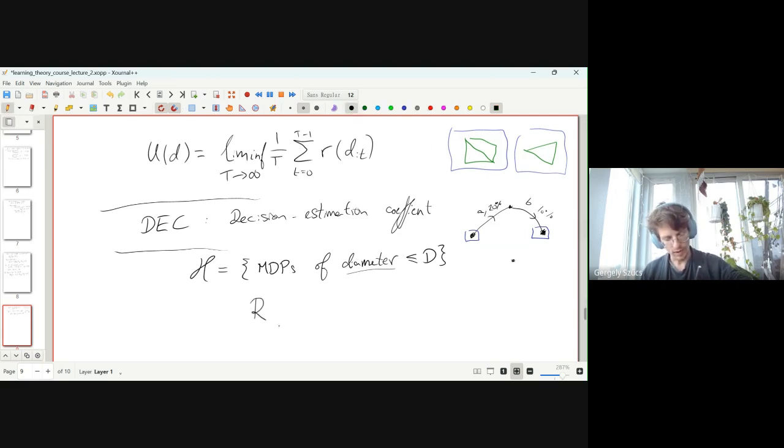These are uniform bounds, and we can prove that the regret is equal to something like the square root of d times, I forget which ones go under the square root and which ones don't, but I'll look this up when we actually talk about this.